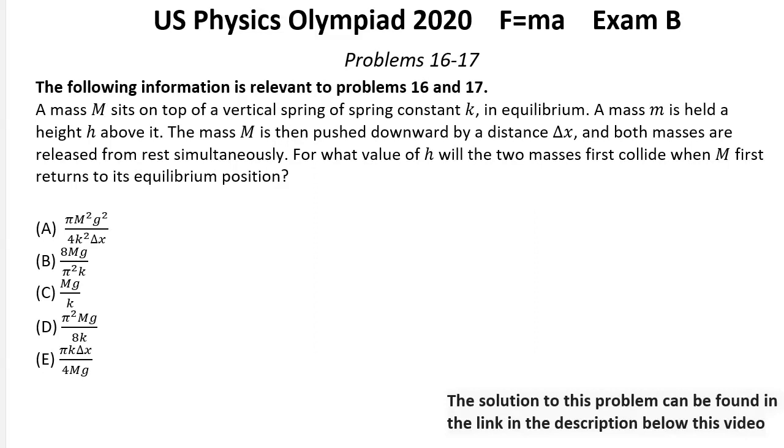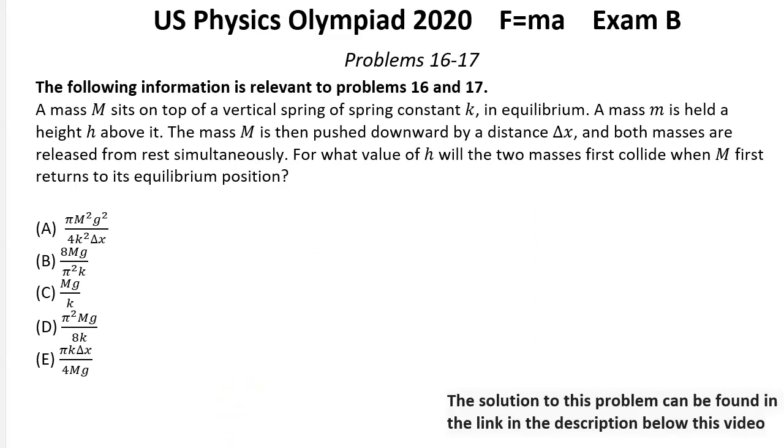The mass big M is then pushed downward by a distance dx, and both masses are released from rest simultaneously. For what value of h will the two masses first collide when big M first returns to its equilibrium position?